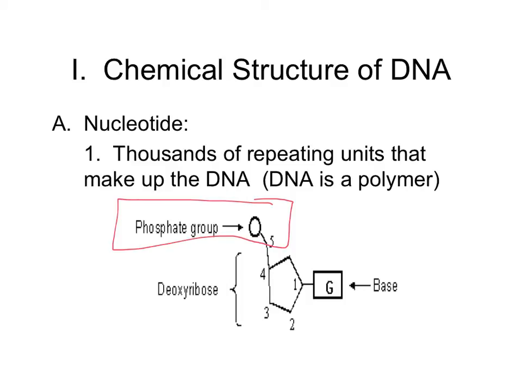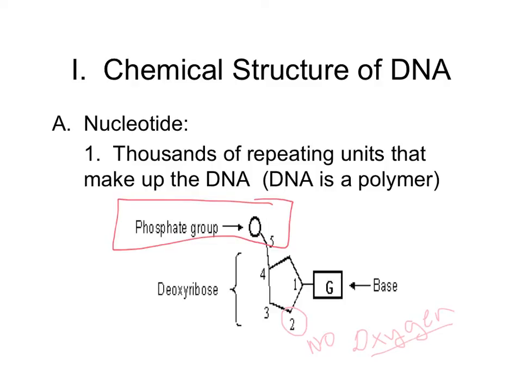You have the deoxyribose, and please remember that the whole difference between deoxyribose and ribonucleic acid is that this second position here does not have an oxygen in DNA. In RNA, there is an oxygen there. It's an OH. So don't get that confused.